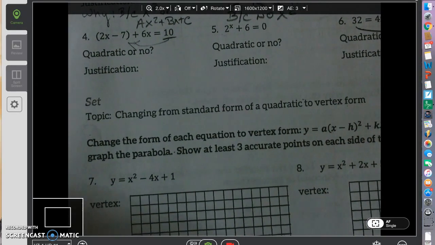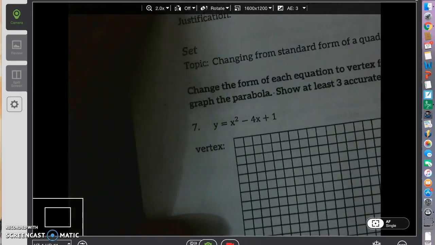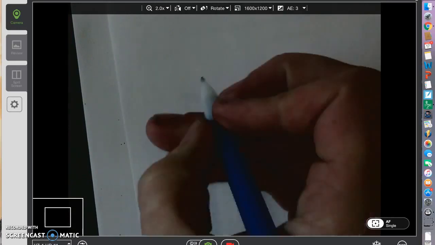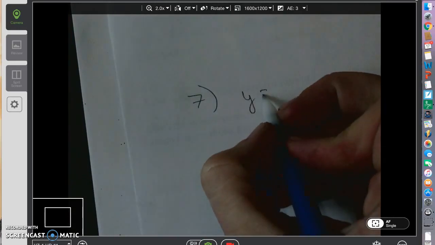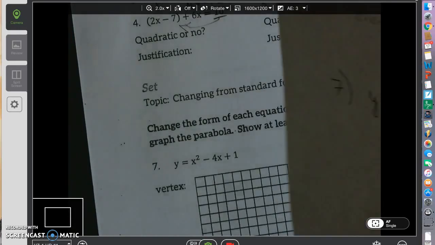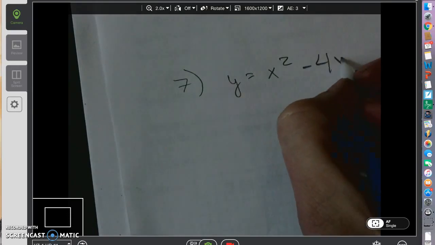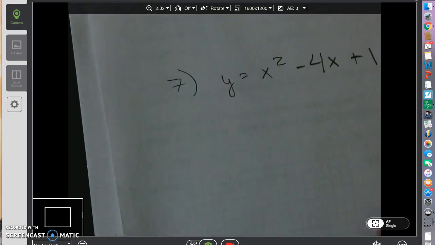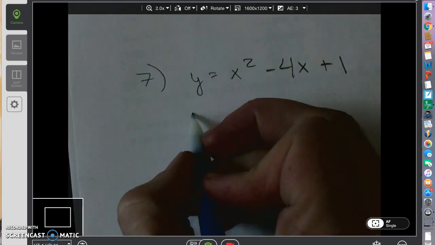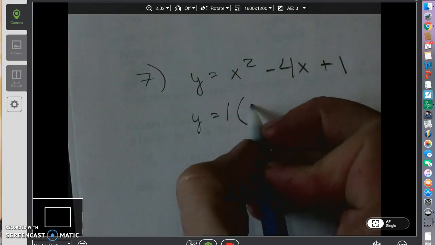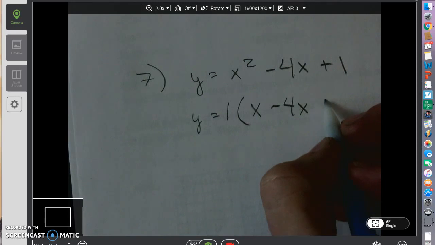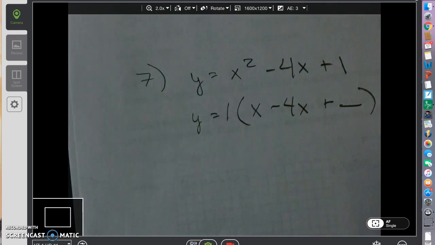Number 7, change each of the equations to vertex form. So here's number 7. You get y equals x squared minus 4x plus 1. This is standard form, so we have to convert to vertex form, where you go y equals x squared minus 4x plus blank plus 1 minus blank.